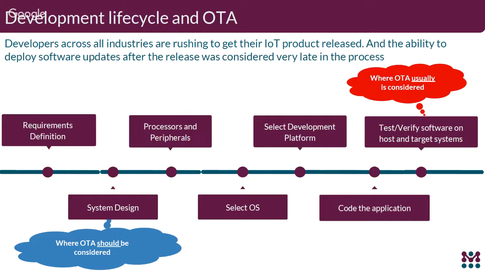And here you can see the typical process of development for embedded, and ideally where OTA should be considered is in the system design phase, second to the left there. But where we typically saw OTA when we interviewed a lot of developers was towards the very end. Someone would bring up, how are we going to update these devices in the field? And that's typically when the rush job happened on creating an update mechanism.